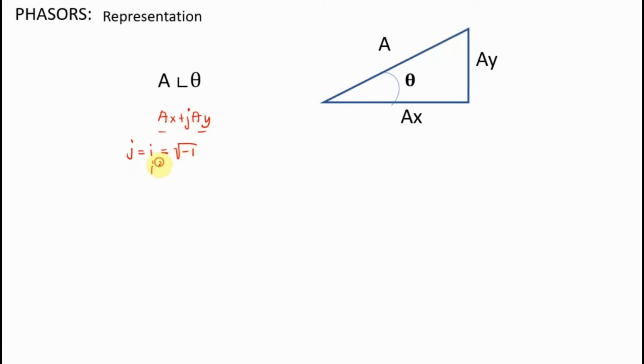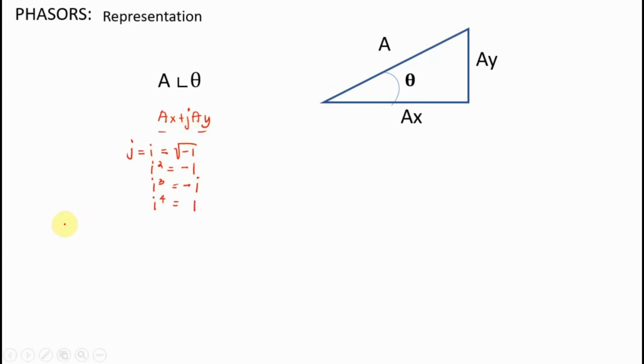If you have I squared, you will have -1 because that is the square root of -1 times the square root of -1. I cubed, you multiply I squared by I, so that will be -I, or the negative of the square root of -1. And I raised to the 4 is equal to 1. That's the value of our representation, letter J or I.